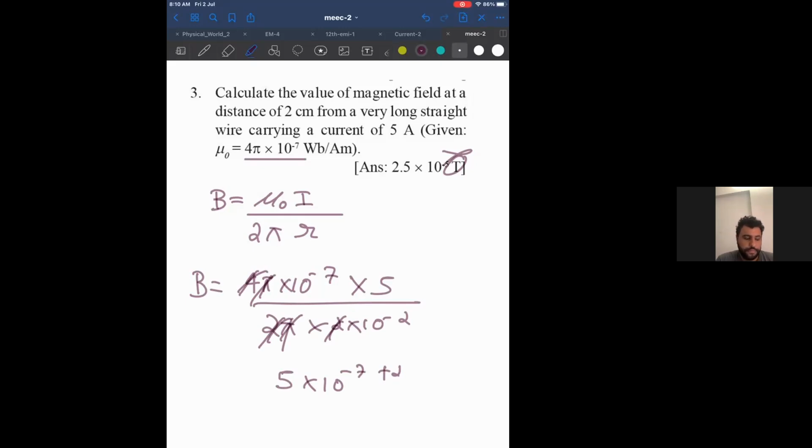What is the answer then? 5 into 10 raised to minus 5. Minus, not plus. Sir, minus 5. Correct. Getting it?